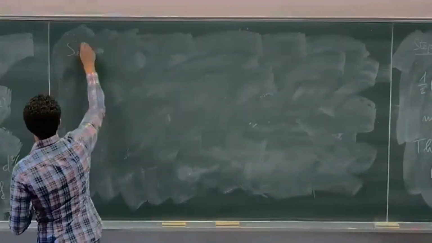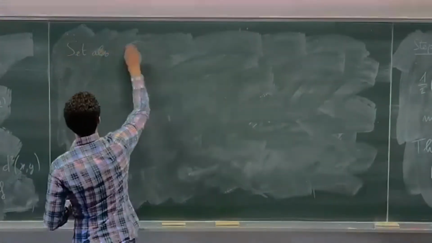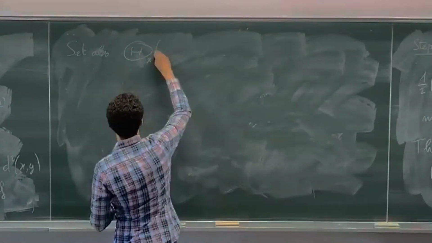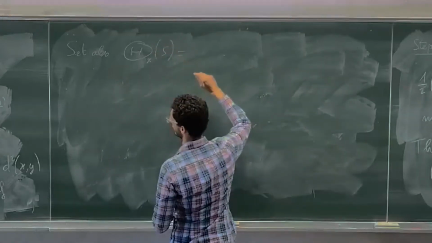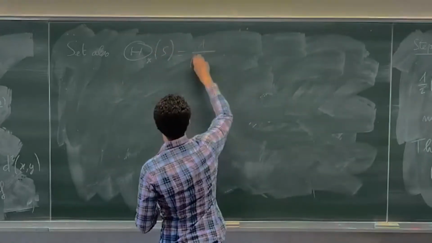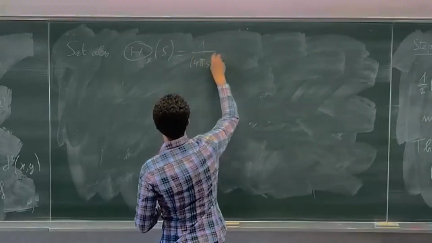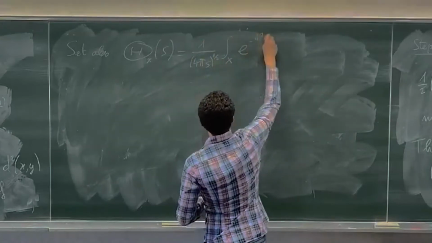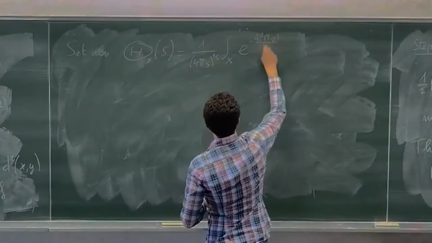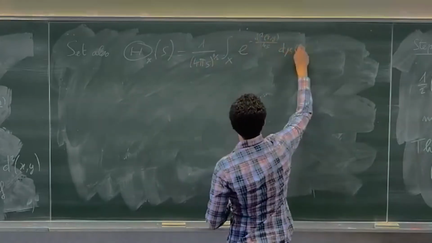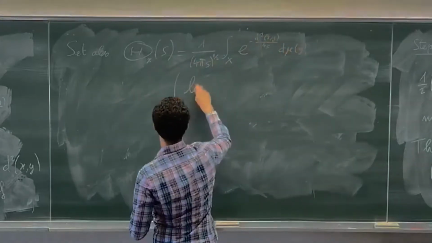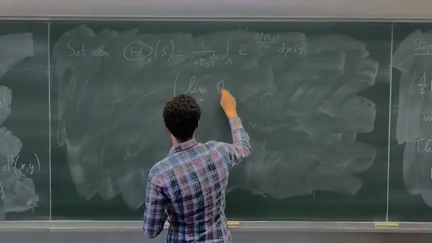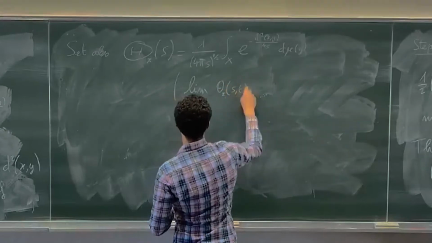So set also big Theta_x(s) as 1 over (4 pi s)^(n/2) times the integral over X of exponential of minus d squared(x,y) over 4s, d mu(y). And this is the limit when t goes to 0 of small theta_x(s,t).